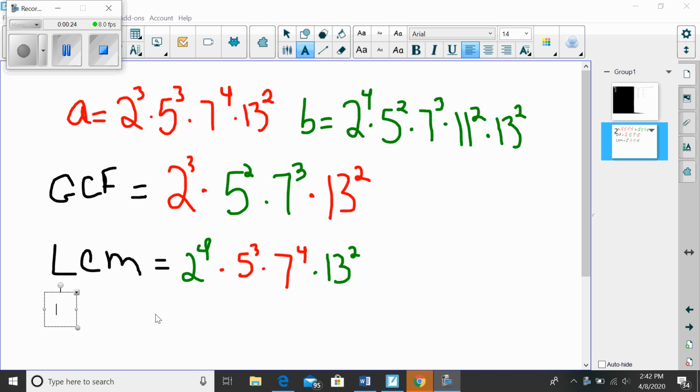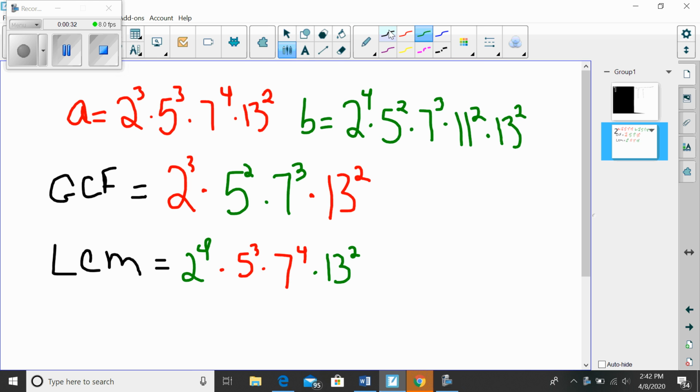But we can prove that this would always happen because if I have two numbers A and B, and I color coded them, and I found the GCF, when I find the GCF, I take the base with the lowest power. Okay, so I would take the lowest power on the A. So every power is either the lowest or the highest.